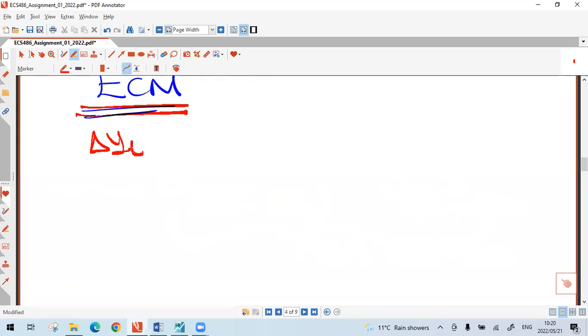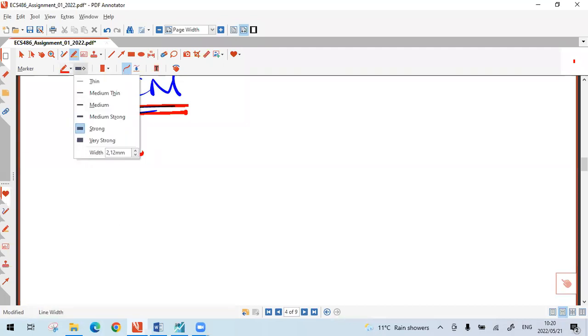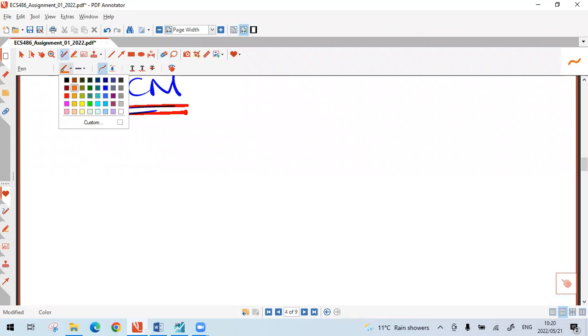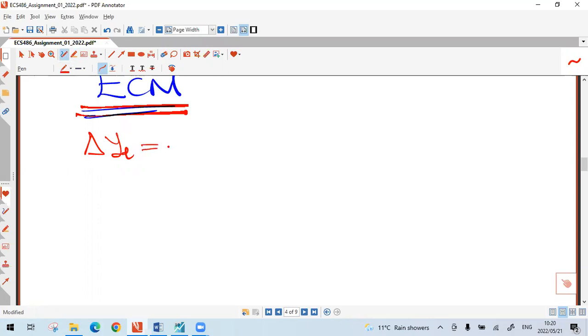Change in YT. This is the short run component, is equal to, say, beta 1, our constant, plus beta 2 change in XT.